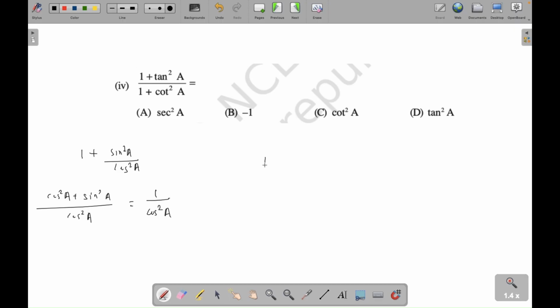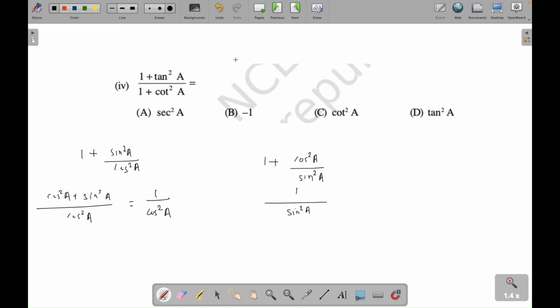The denominator will become 1 plus cos square A upon sine square A, right? And then again, if you take the LCM, so this will be 1 upon sine square A, because again sine square A plus cos square A is 1. Right?